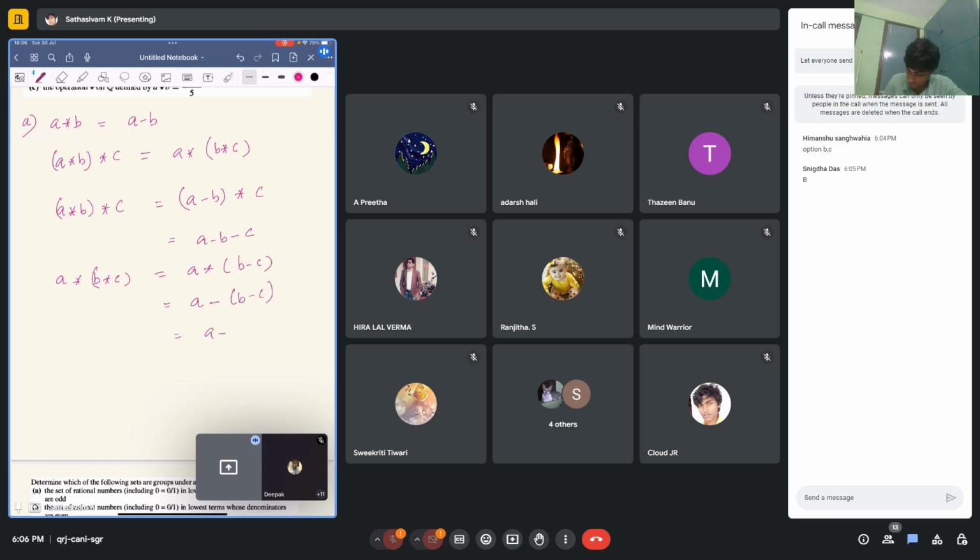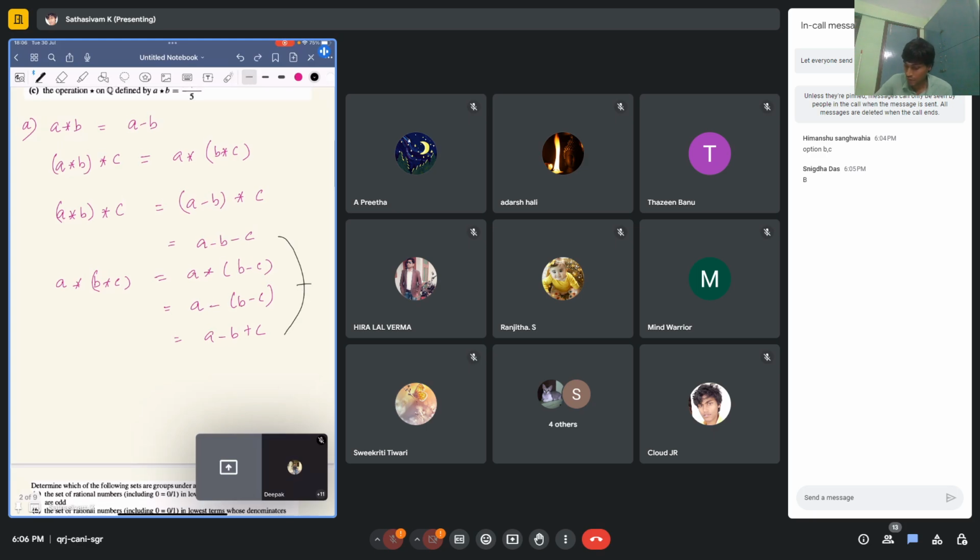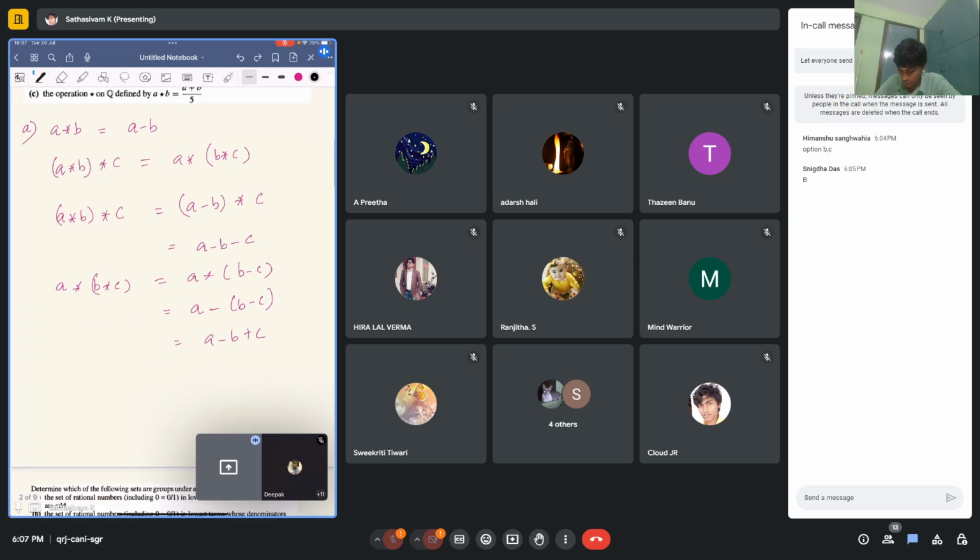This will be A minus B plus C. So in general, these two things need not be equal. It can be equal at some time, but it's not always necessary that these two things are equal. Which tells you that the operation is not associative, right?